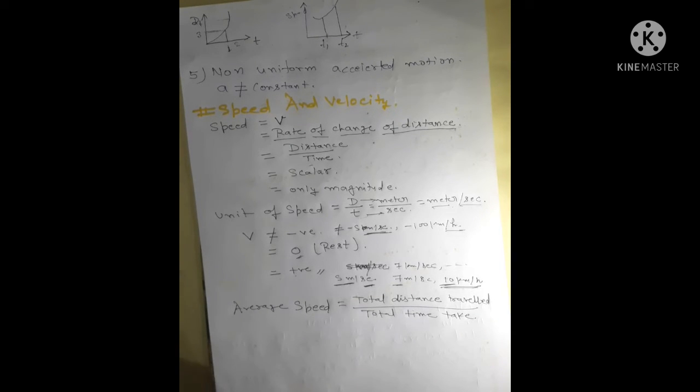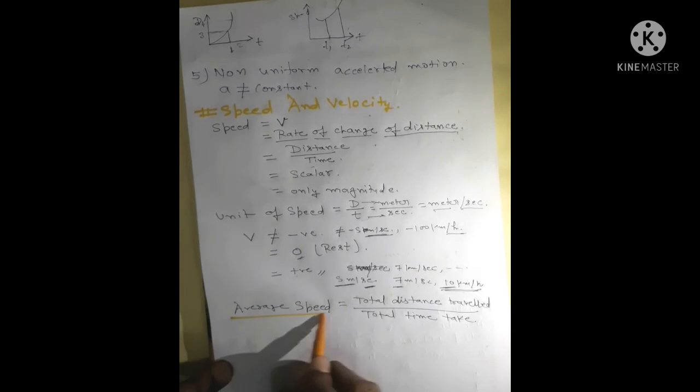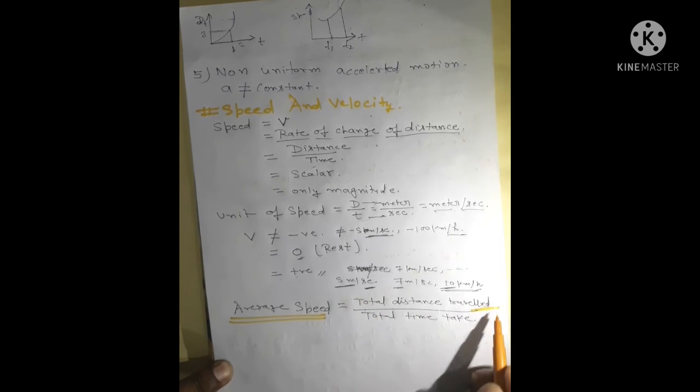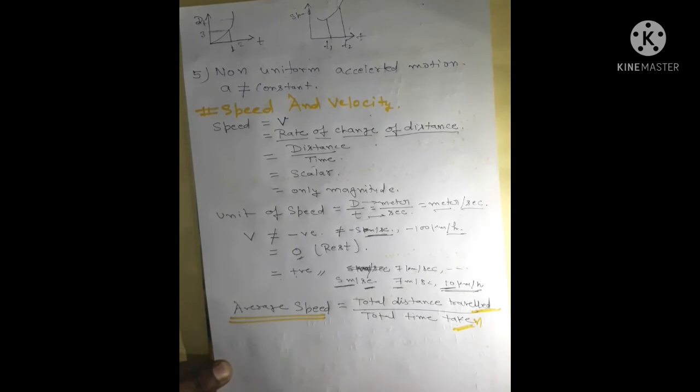Average speed is equal to total distance traveled by total time taken, and this is known as average speed.